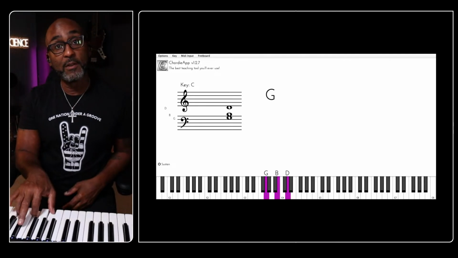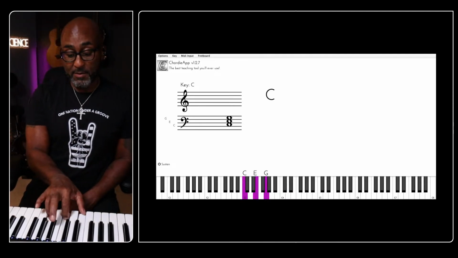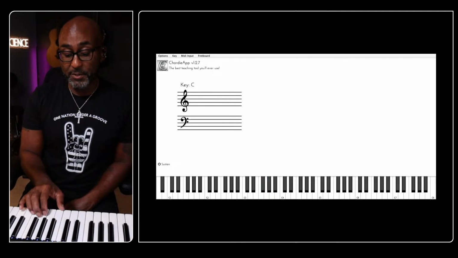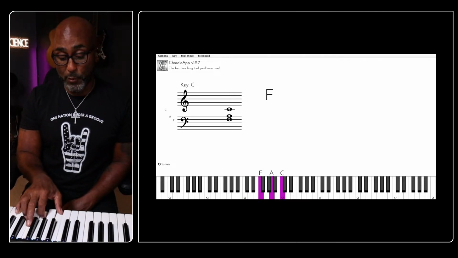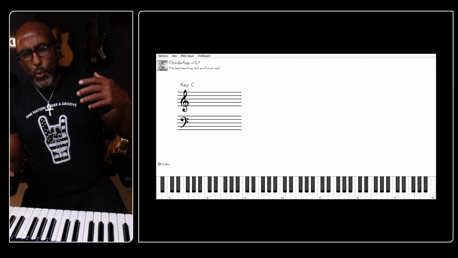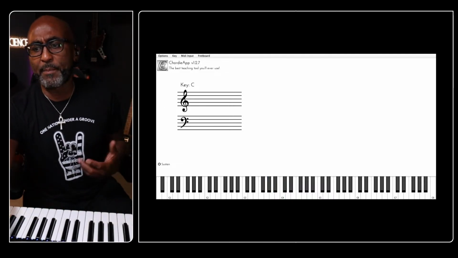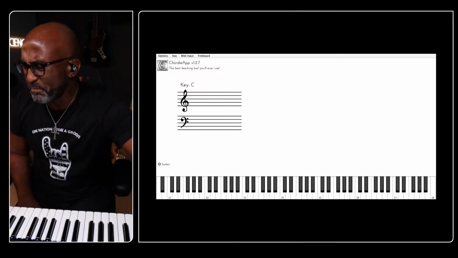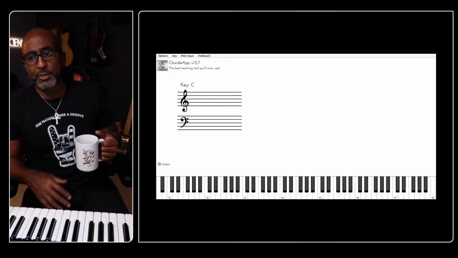So there's a triad. The 1 is major, the 4 is major, the 5 is major. Why would I say, let's only focus on the major?